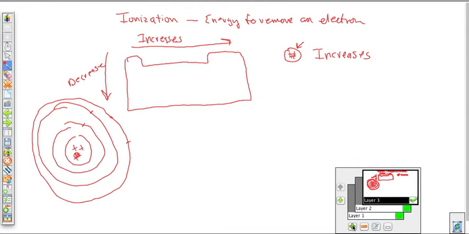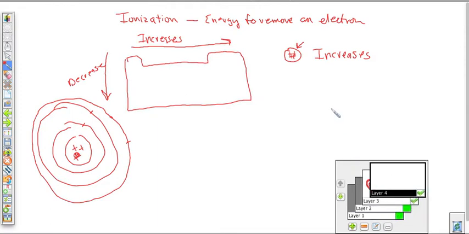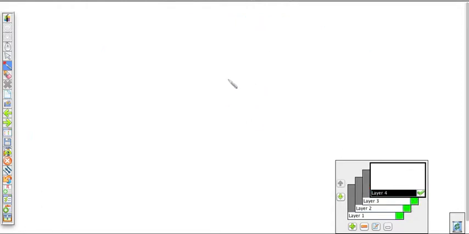All right, let's talk about electron affinity. Electron affinity is sometimes difficult for students to understand, but it's really not that difficult a concept. Electron affinity is just the measure of the change in energy of an atom when an electron is added to it. The atom will either give off energy, or it will need energy added.